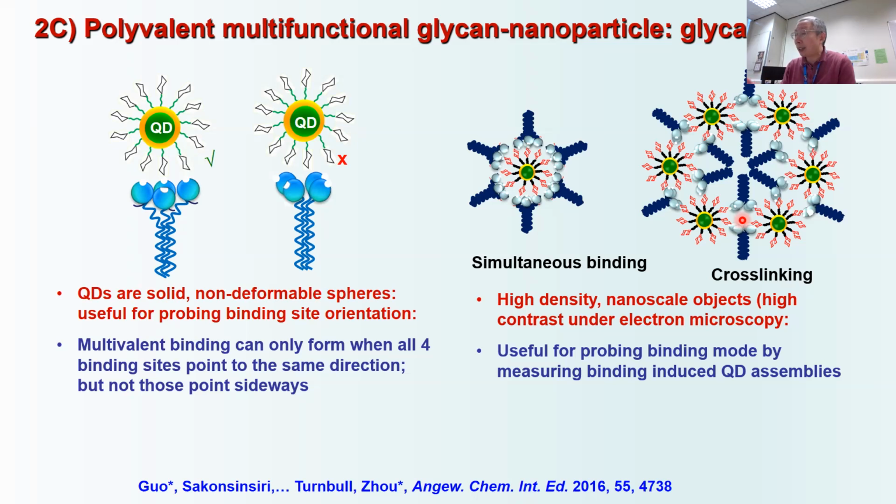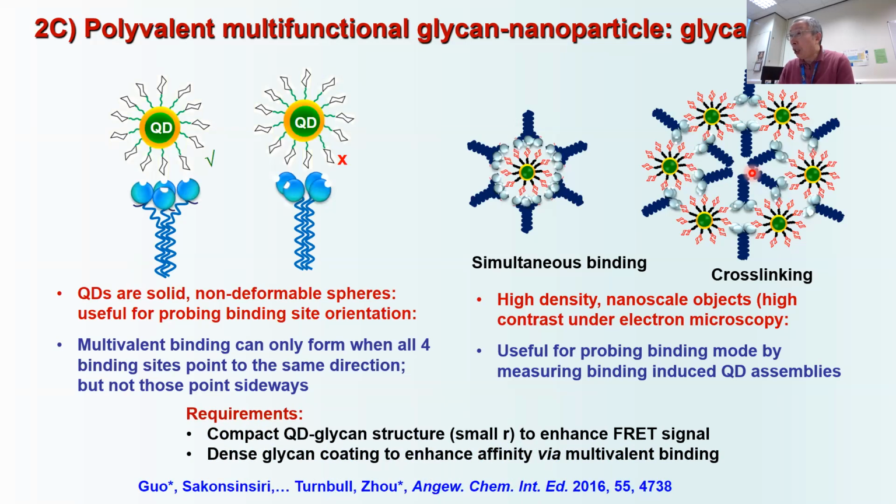And this allows us to directly visualize quantum dots to derive their binding affinities. We can also use hydrodynamic size measurement to see that the assembly should be much bigger. So of course, an essential requirement is that you have to make your quantum dot sugar nanoparticles compact, because we need FRET.